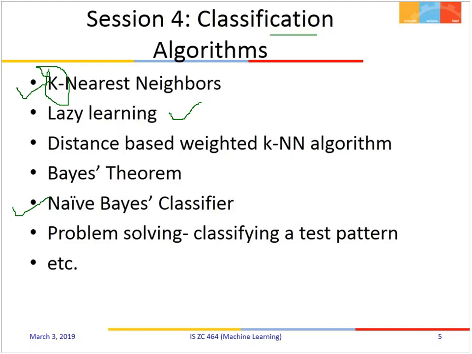So we had discussed at length the process of classification using k nearest neighbor by the distance-based weighted KNN algorithm, where distance-based weights were calculated as the reciprocal of the squares of the distances. Larger the distance, smaller the weight, and then correspondingly you picked up the samples from one class and computed their overall weights.